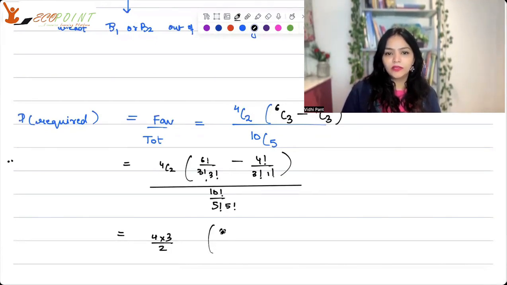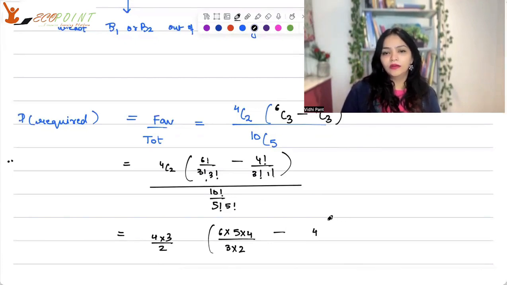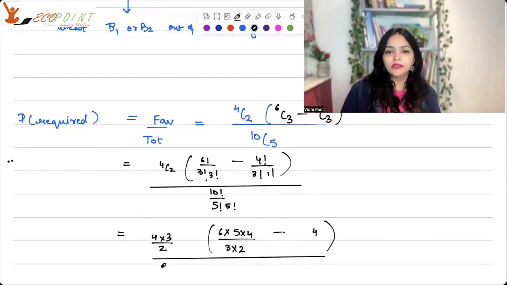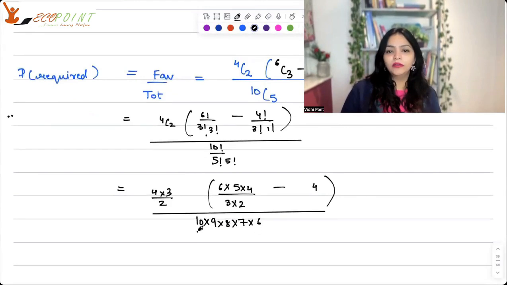And here it will be 6 into 5 into 4 upon 3 into 2 minus 4, whole thing upon 10 into 9 into 8 into 7 into 6 upon 5 into 4 into 3 into 2.